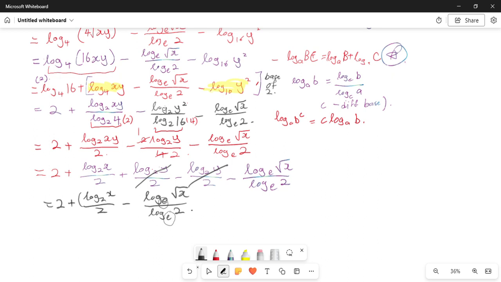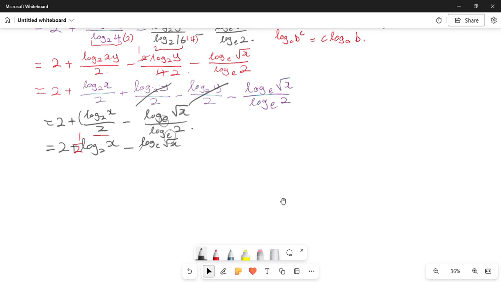Let me think. So since I have this, I can rewrite this as 2 plus log 2x, then this part I will put 1 over 2, minus log e root x, hold on, log e root x over log e 2.